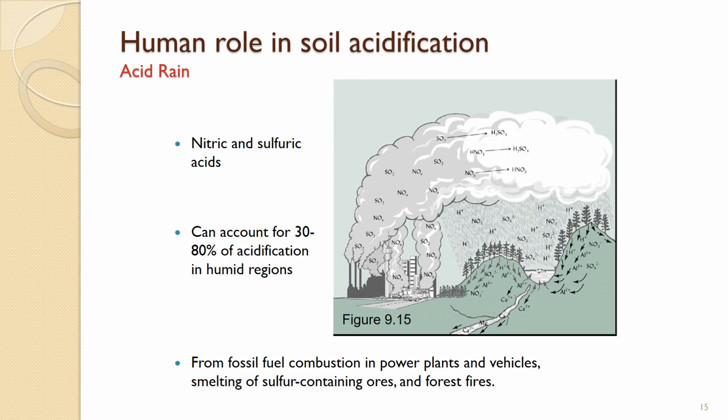And frankly, I think this is a good thing because that means that our air is cleaner. So anyways, this soil acidification from acid rain is essentially from fossil fuel combustion in power plants and vehicles, and the smelting of sulfur containing ores and forest fires, which of course we've had quite a few of those lately, so could definitely see some deposition of some sulfur.